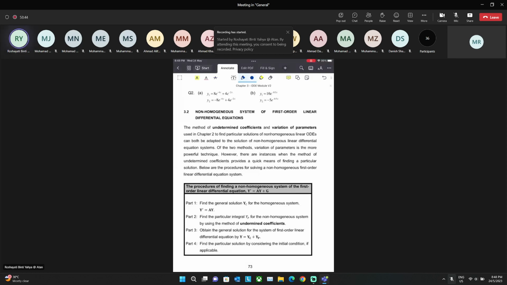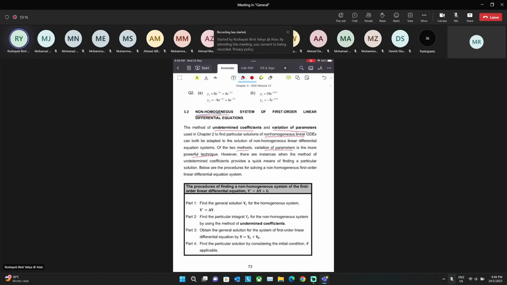So for non-homogeneous, the method of undetermined coefficient and variation of parameters that we used before in chapter 2 can be used to find the solution for a non-homogeneous system. Of the two methods, variation of parameters is the more powerful technique.